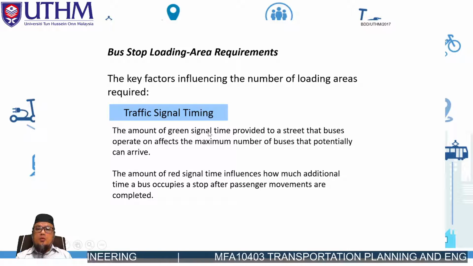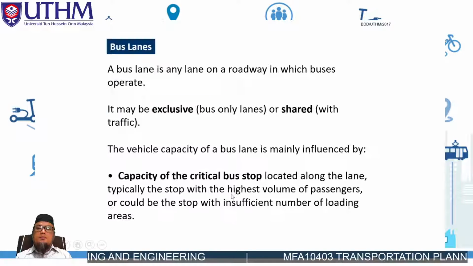So we can avoid having bus routes near or crossing signalized intersections. That is why it affects the number of loading areas. The amount of red signal time influences how much additional time a bus occupies a stop after passenger movements are completed.